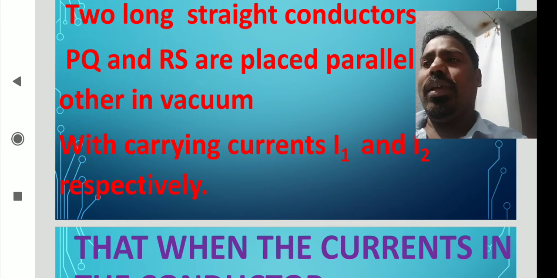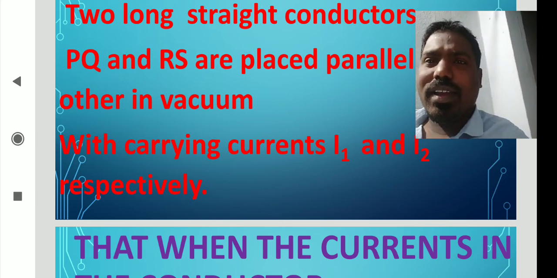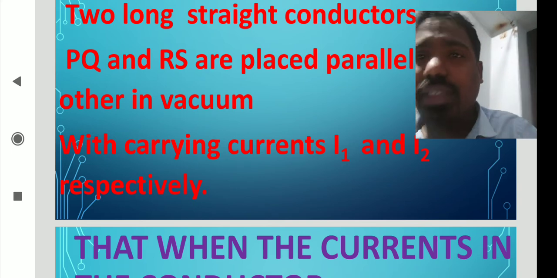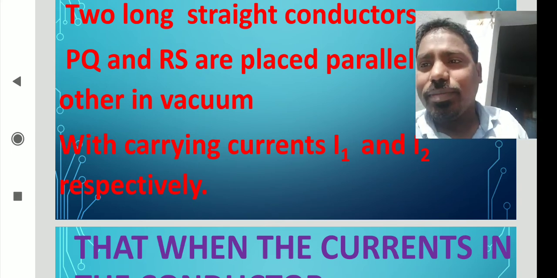In the PQ conductor, the current is I1. In the RS conductor, the current is I2. So PQ and RS are carrying currents I1 and I2.